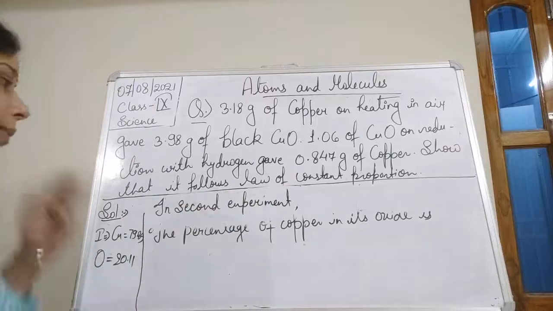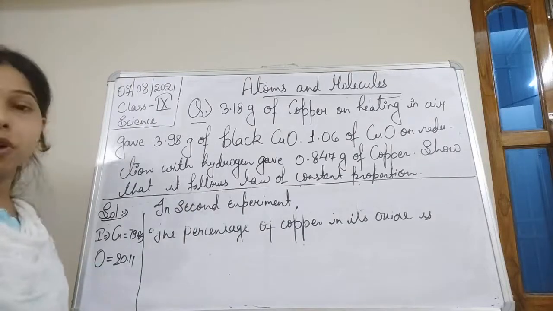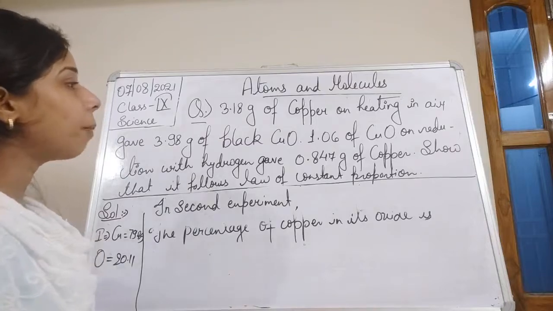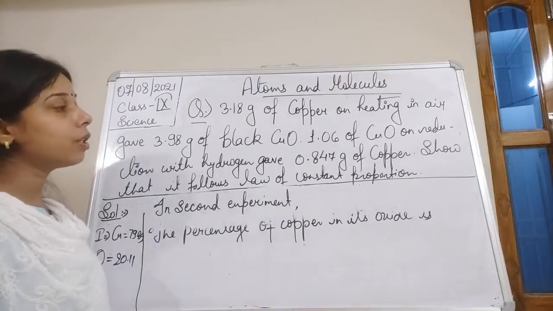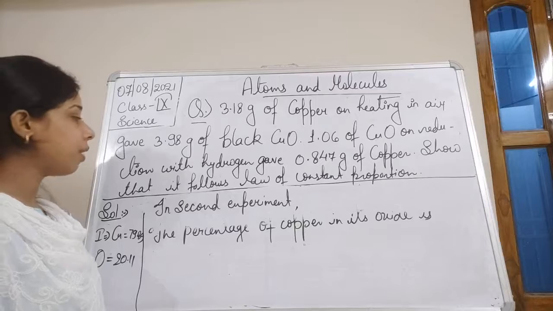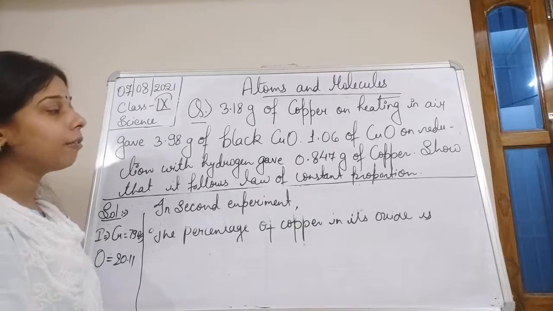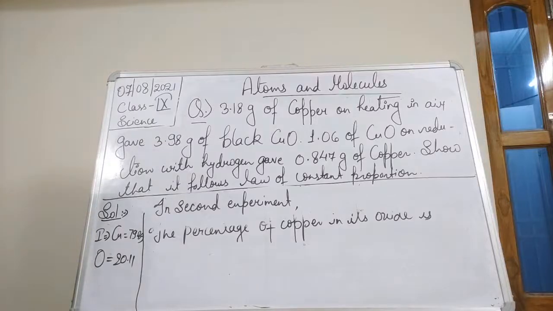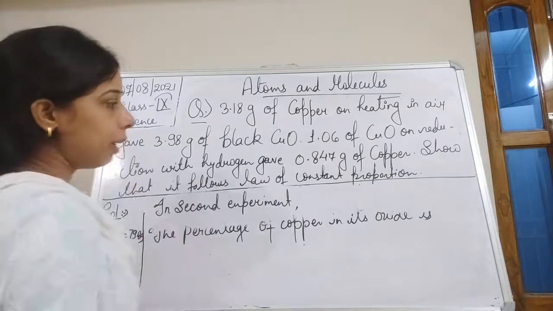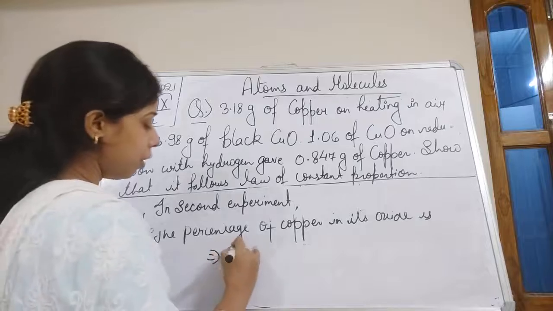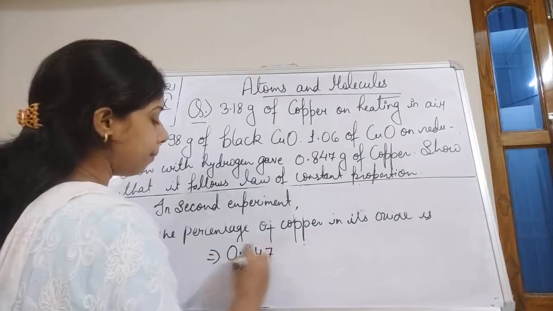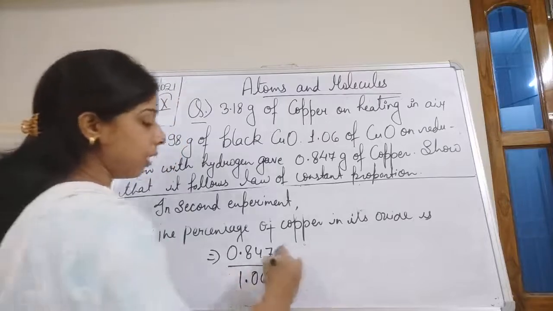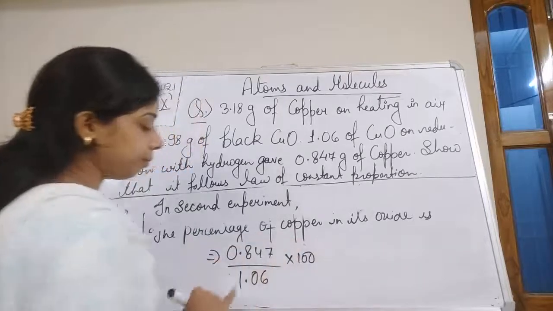In the second experiment, the percentage of copper in copper oxide. Now you see here how much copper oxide is there. 1.06 of copper oxide on reduction with hydrogen gave 0.847 gram of copper. So the percentage is 0.847 divided by 1.06 of copper oxide into 100.